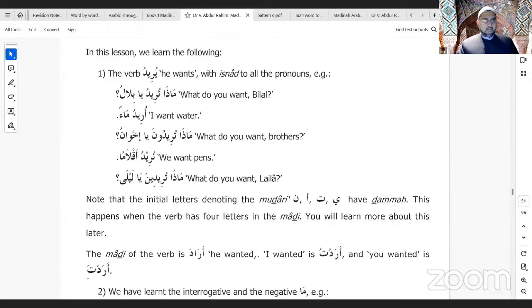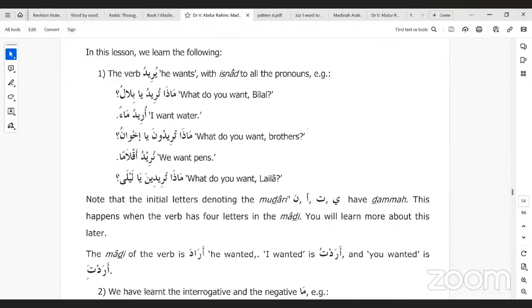Okay. In this lesson, we learned the following. The verb yuridu, he wants, with isnad to all the pronouns. For example, Mada turidu ya Bilalu. What do you want, Bilal? Uridu ma'an. I want water. Mada turiduna ya ikhwanu. What do you want, brothers? Nuridu aqlaman.